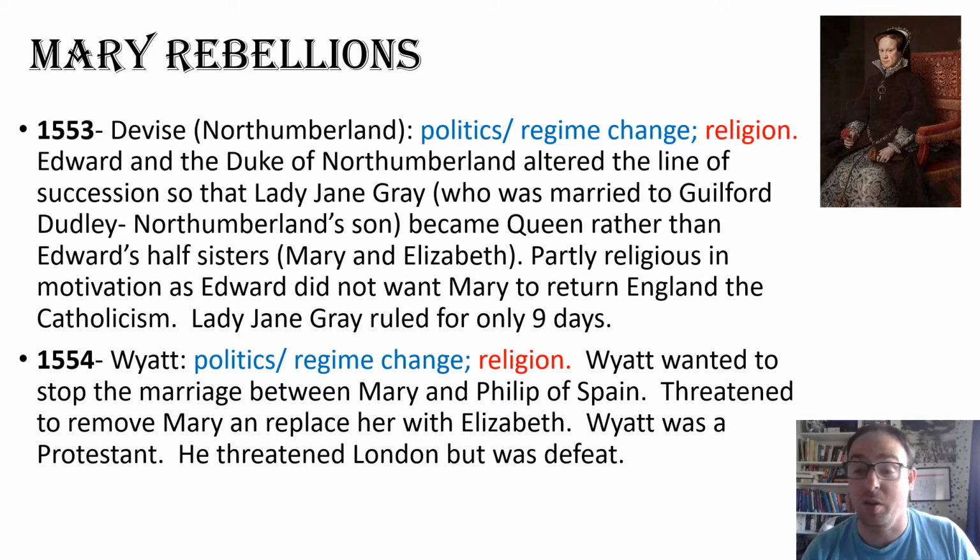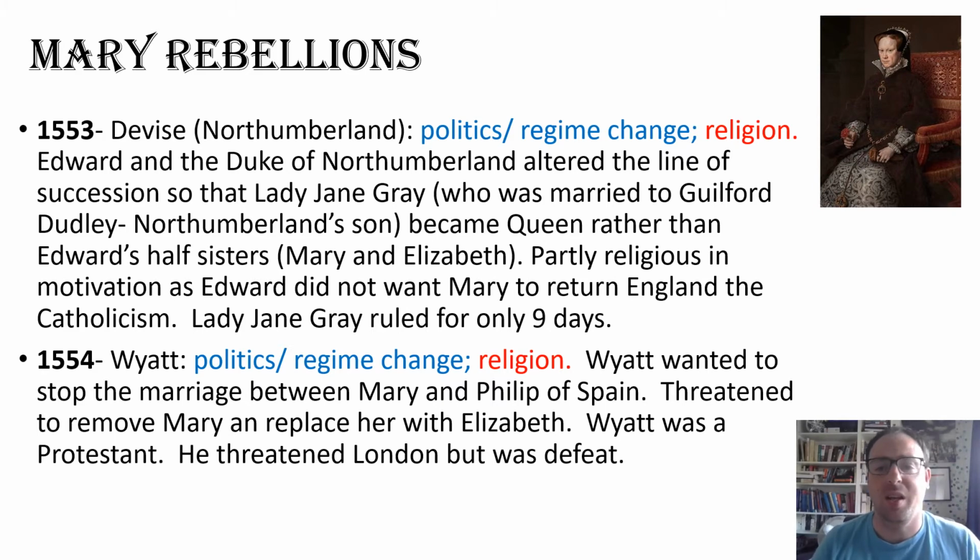Now, this was devised by Northumberland in cahoots with Edward, and it is interesting to look at the interpretation of this. It's actually written in Edward's handwriting, the actual document. But this is about politics and regime change. It's also about religion. So Edward and the Duke of Northumberland, what they do in their device is they alter the line of succession.